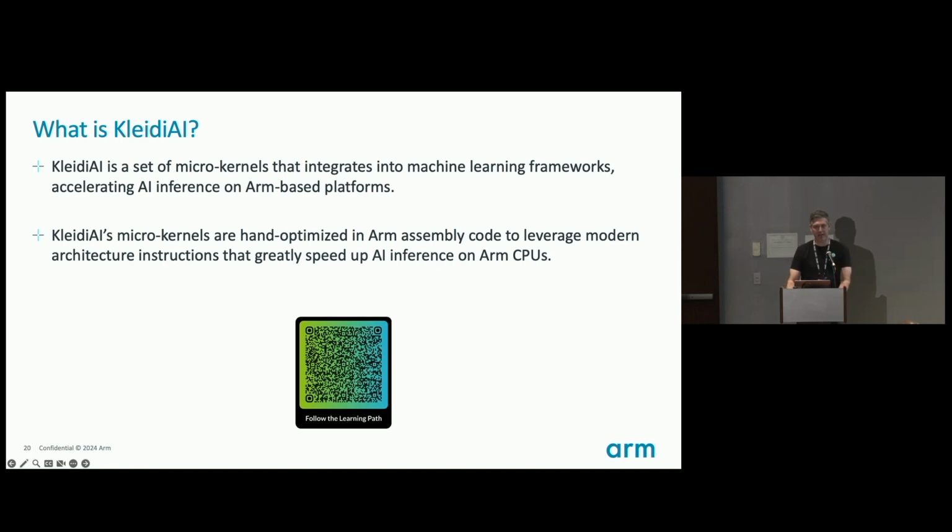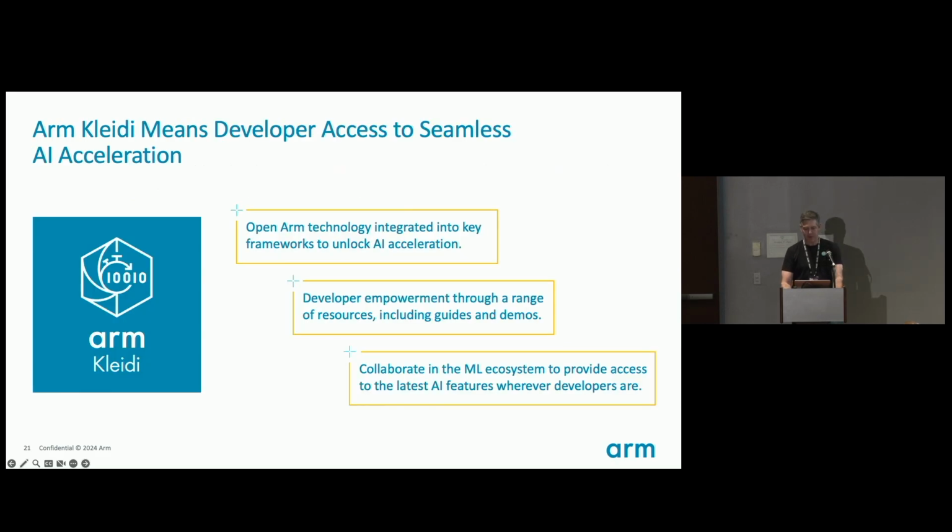And this is what's being integrated into these frameworks. So now, instead of using their own code to do this or relying on the compiler to produce it, they will call Kleidi AI's code directly and make sure that they get the top performance they can. Kleidi is open source, so it is something that can be included into any application.